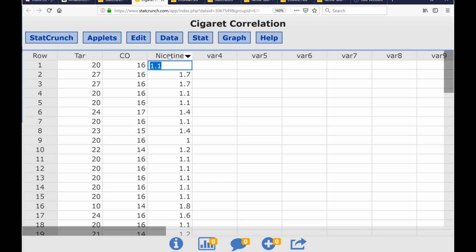What I've done here is I've pulled out which cigarette they came from. I just put in all the tars, and I match them with their corresponding carbon monoxide levels. All of the tars with the carbon monoxide levels, and they are paired.